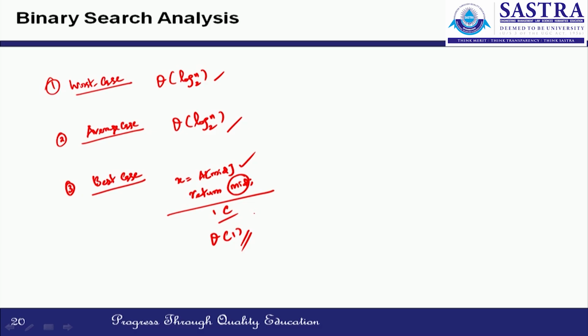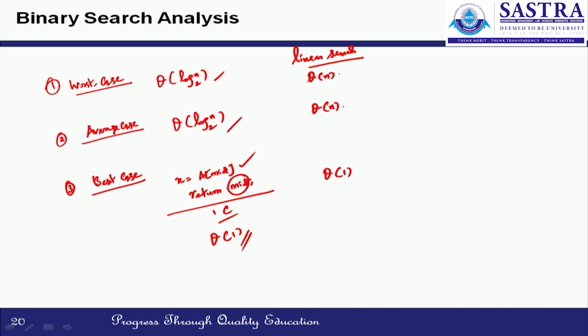Compared to the linear search algorithm: in the linear search, worst case complexity is theta of n, average case complexity is theta of n, and best case complexity is theta of 1.